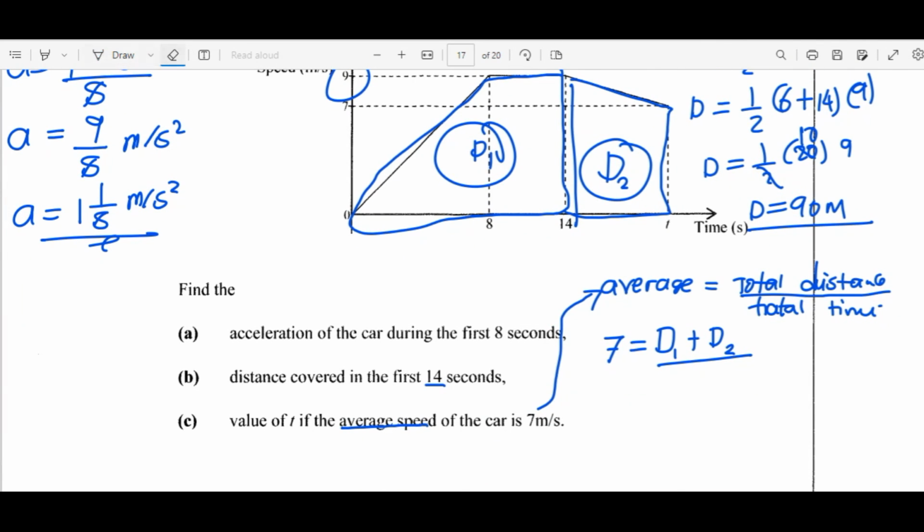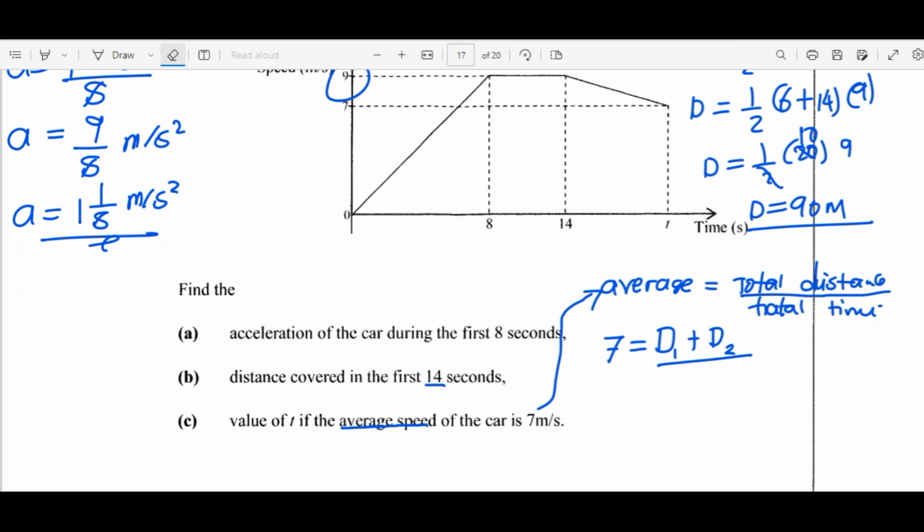Now, let's look at this shape. I'm going to consider this one as my trapezium. Now, this distance will be my A, then this one will be my B. From here up to here will be my H, which means that we want H. So what is the total time taken?